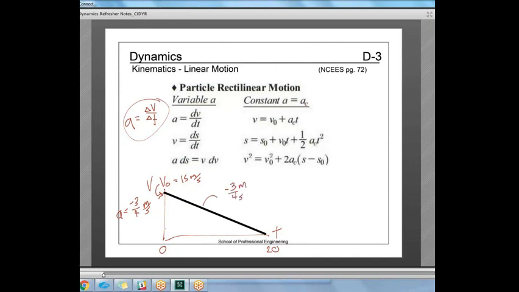So I try to clean up my graph. There we go. So A is the slope. We have a rise of negative 3 meters and a run of 4 seconds. So as predicted, the derivative of the velocity versus time graph is its slope.